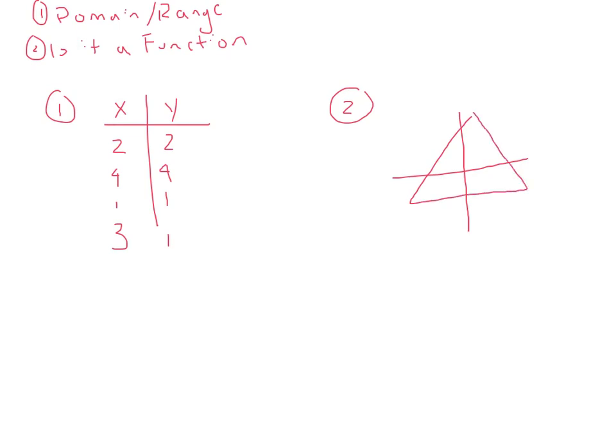Okay, we can say that this point right here is 4, -2. This point is, let's say, 2, 5. And we'll say this point is -4, -2, excuse me. All right, tell me, what's the domain and range, and is it a function?